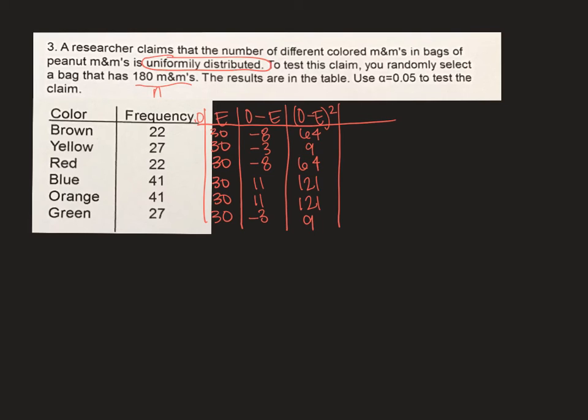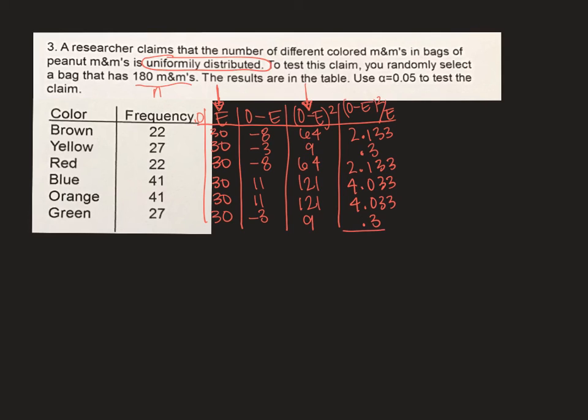So we're dividing all of those by 30. So we get 2.133, 2.133, 4.033, 4.033, and 0.3. So remember, I just took this column here and divided it by our expected, or 30, to get all of those values in the last column.